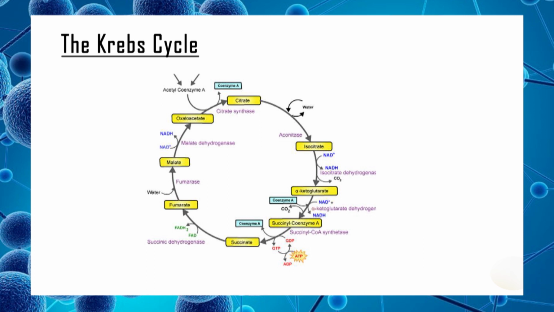Two turns, for the 2 pyruvic acids from glycolysis, yield 10 NADH, 2 FADH2 and 4 ATP, counting those from glycolysis. So, the cycle starts anew.